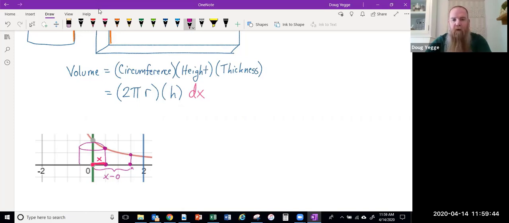If the pivot was somewhere other than 0, then it would be maybe x minus -1 or x minus 2 or x minus -5 or whatever it is. But notice that in this case, this is just 2 times pi times x minus the pivot. In this case, the pivot happens to be 0.